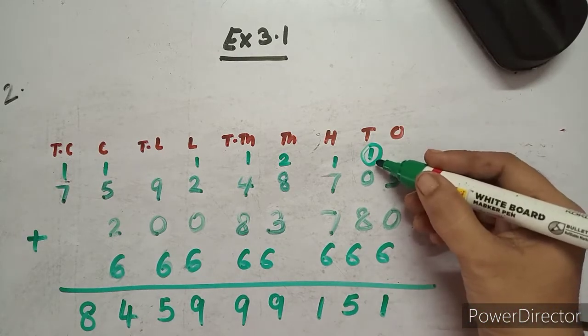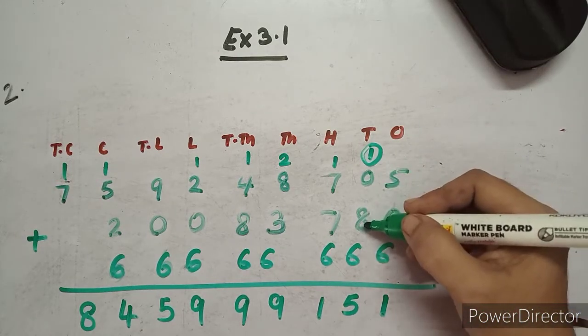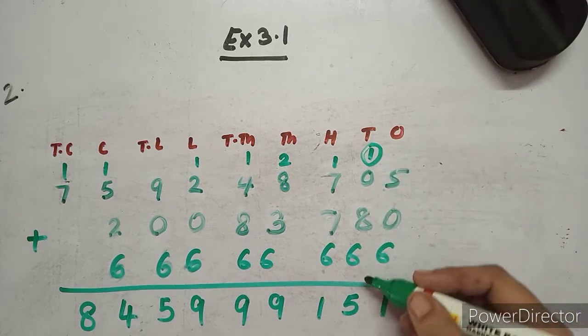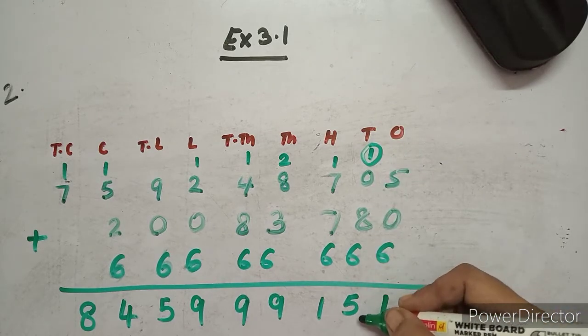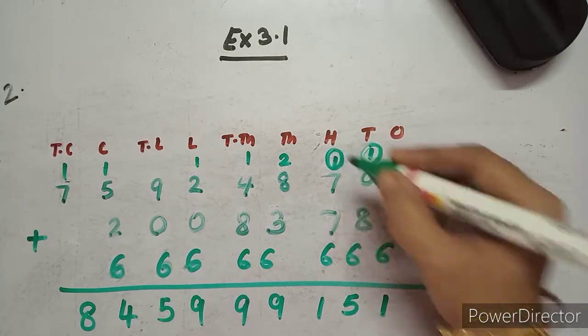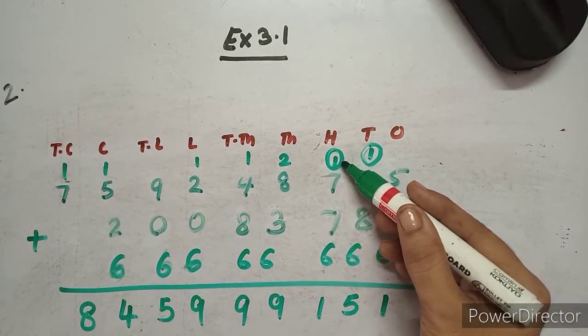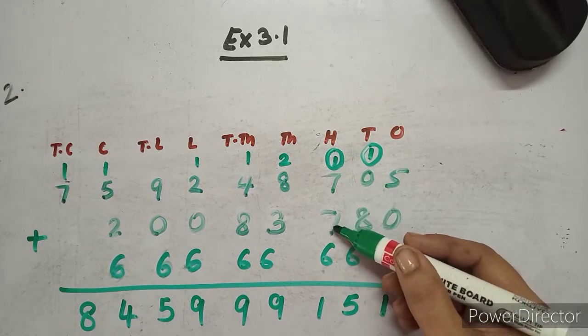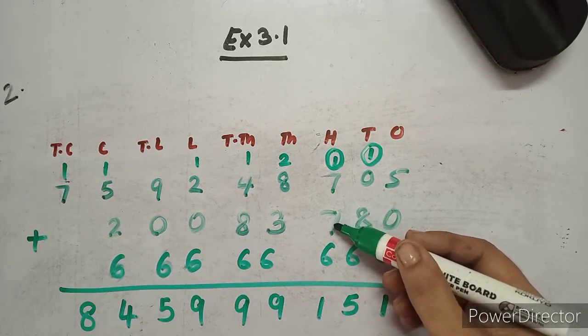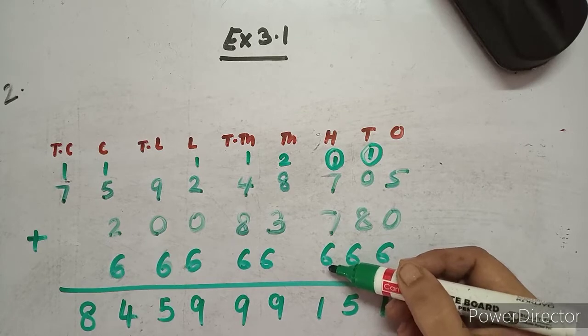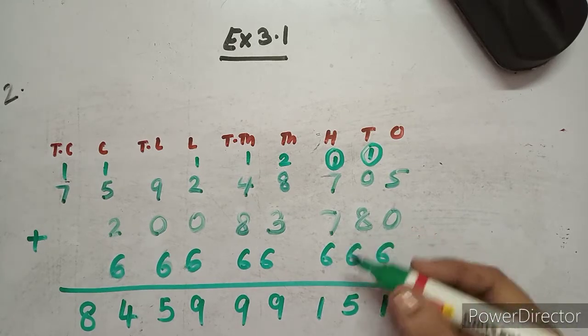So again you need to add this number. 8 plus 1 is 9, 9 plus 6 is 15. So 5 down, 1 up. Then you have 7 plus 1 is 8, 8 plus 7 is 15. Then you have plus 6, 15 plus 6 is 21.